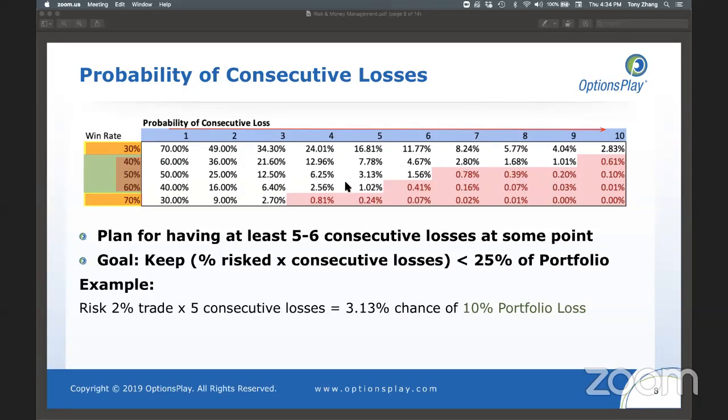In the 60% range, you have a little under 1% chance of having 5 to 6 consecutive losses. For those of you that are trading debit spreads, you have a higher chance, about 4 to 7%. So generally speaking, depending on the strategy that you're deploying, we tell you that you should plan for having at least 5 to 6 consecutive losses at some point in your trading career.